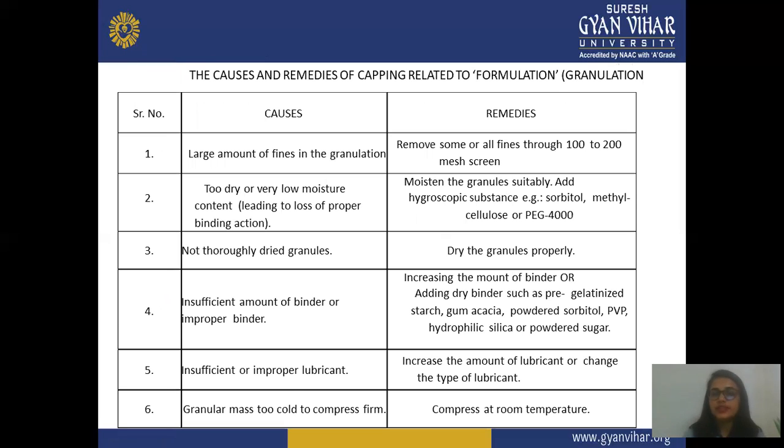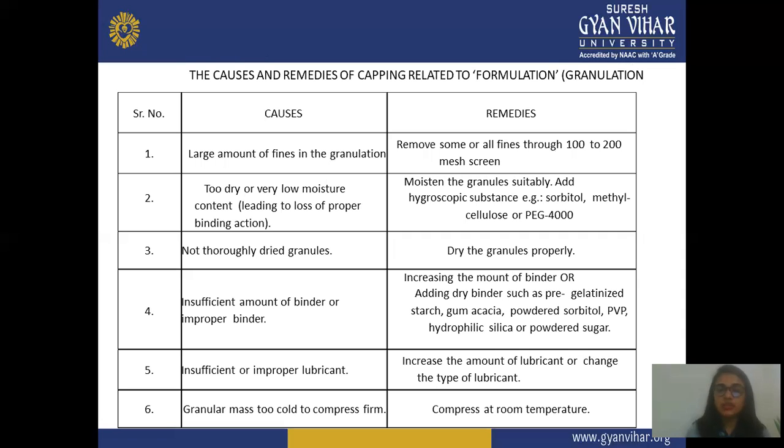Next is capping, whose causes are related to the formulation or to the granulation. It means not only processing problems occur for this tablet, but during granulation or after granulation a problem occurs in the tablet. First you can see the causes, and second there are remedies.